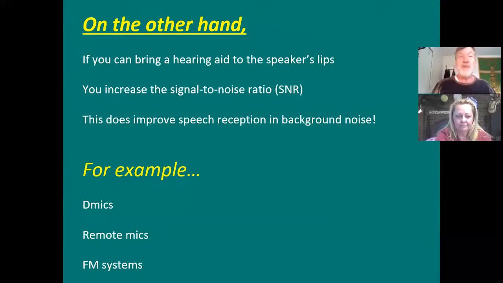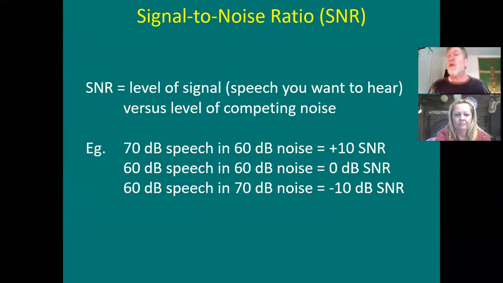On the other hand, we said if you can bring a hearing aid up to a speaker's lips, you increase the signal-to-noise ratio. And this does improve speech reception in background noise. And we gave examples: directional mics, remote mics, FM systems. And then we talked a little bit about signal-to-noise ratio and made sure that we understood what these words mean.